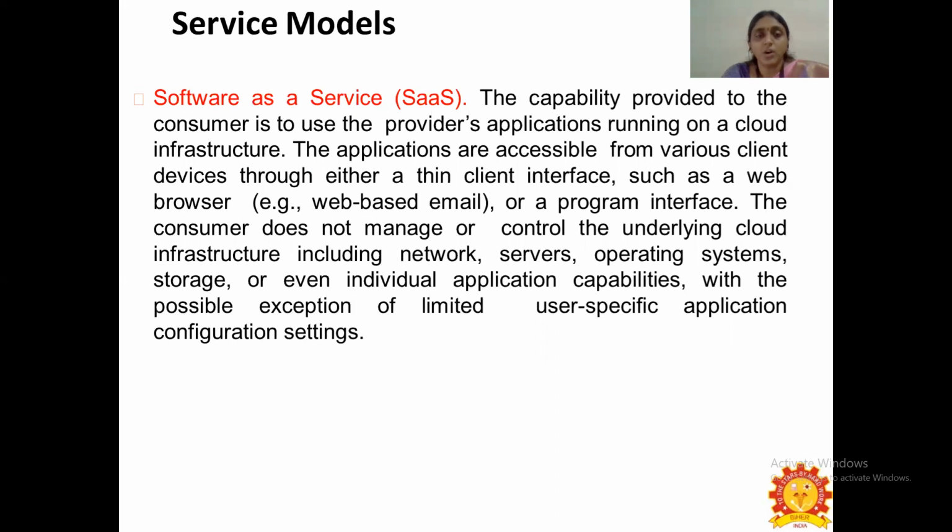The consumer does not manage or control the underlying cloud infrastructure, which includes the network, servers, operating system, storage, or even individual application capabilities, with the possible exception of limited user-specific application configuration settings. And our Gmail, which we are using, is a software as a service.